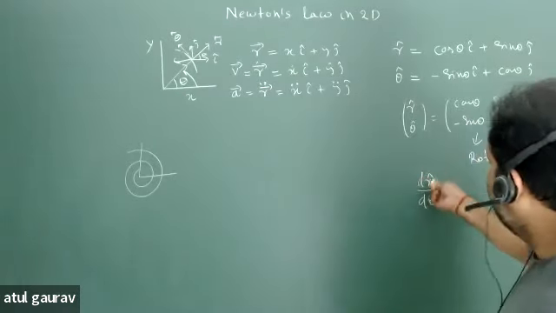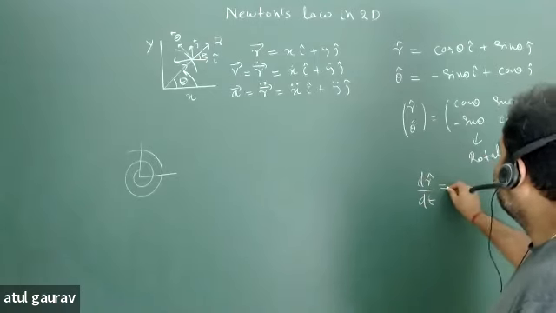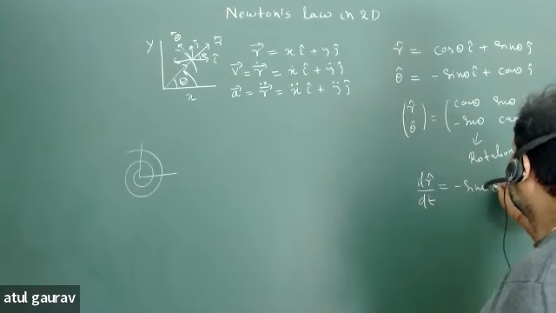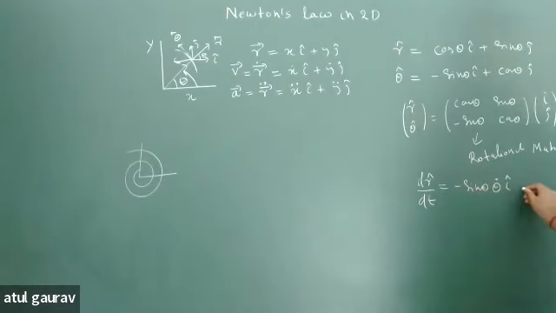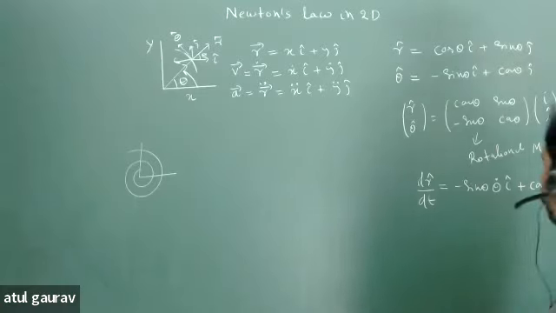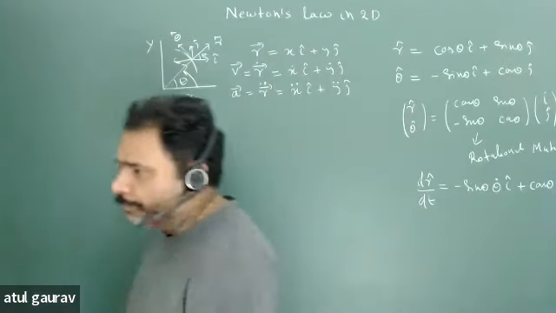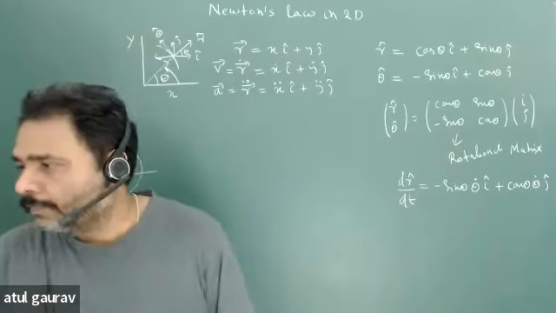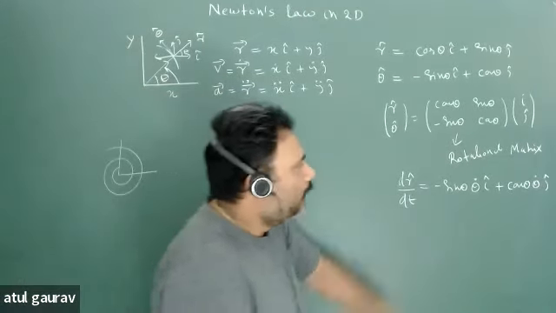So if we have dr cap upon dt, what is this value? Minus sin theta, theta dot i cap plus cos theta, theta dot j cap. होगा ना? Okay, and I can take theta dot common.